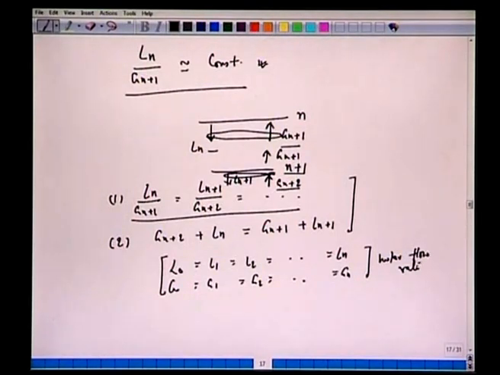Let's try to understand what we are saying here. What we started with was the Ponchon-Savarit method. We said that the energy balance, the enthalpy balance, holds good the way we had it: the difference between the two streams reaching or leaving the plate is the same as Q dash. Then we came out with expressions with Ln and Gn plus 1, the molar flow rate of the liquid leaving the plate Ln, and the molar flow rate of the vapor which arrives at plate N from N plus 1.